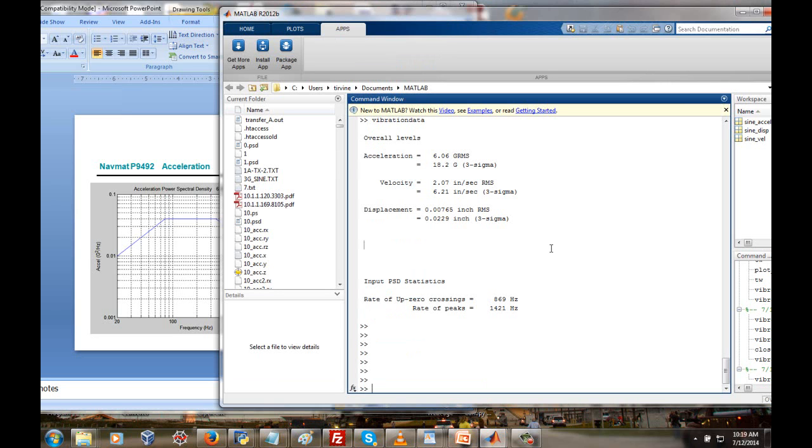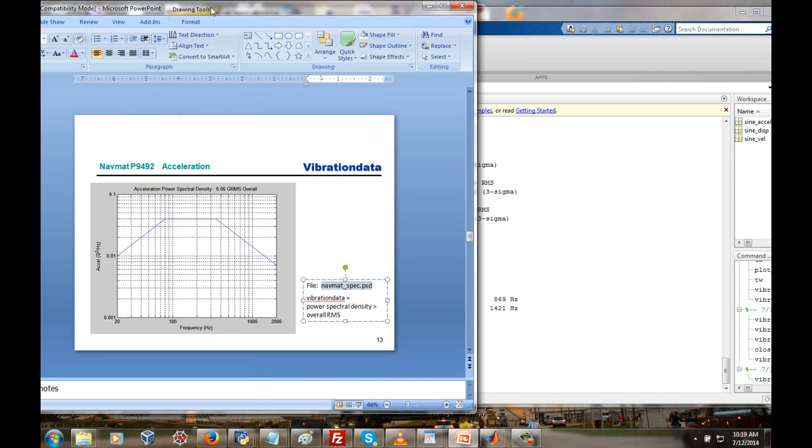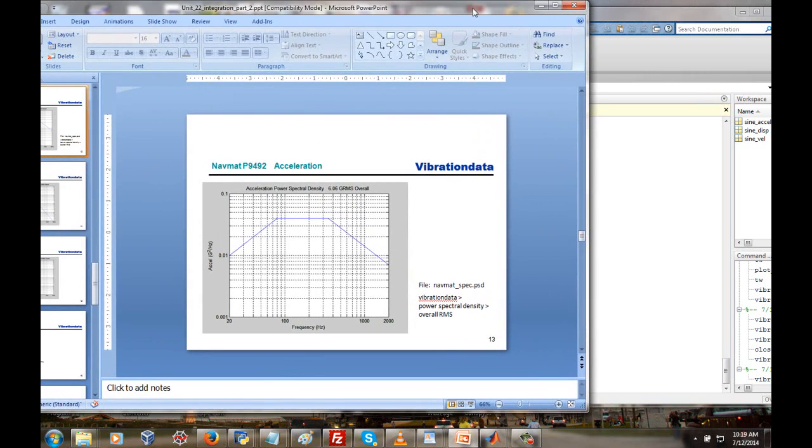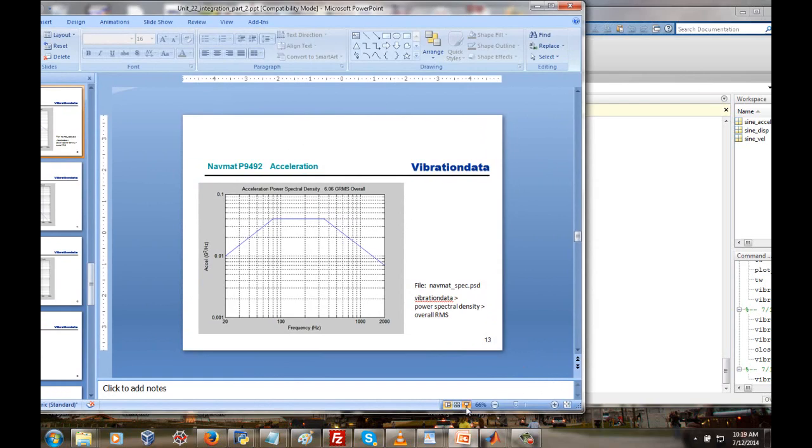When I say rate of peaks, that includes all the local peaks, whether they be positive or negative, whether they involve a 0 crossing or not. And that would typically be a higher number. Now, these parameters will become more important when we start to look at response PSDs. But I just want you to get a feel for what's available there.